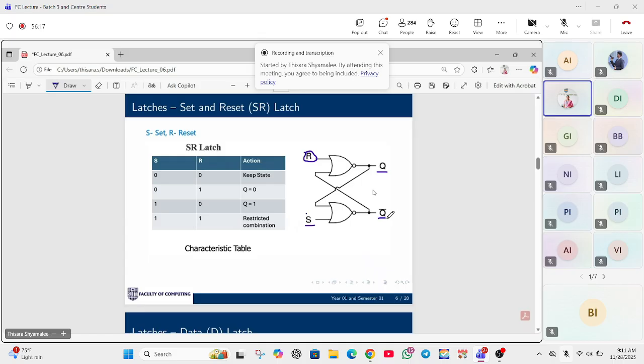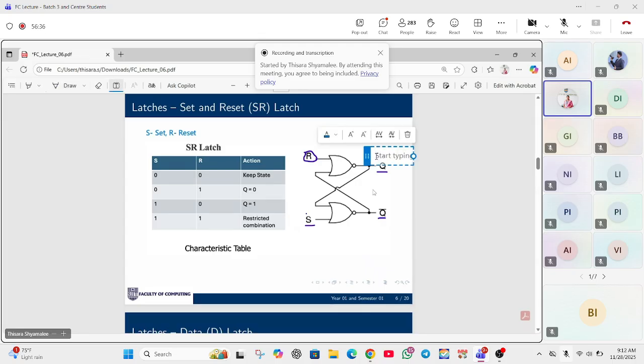Q and Q bar are the outputs of this SR latch. Q is the current stored value, and Q bar is its inverse.